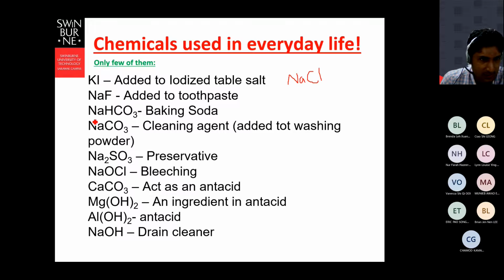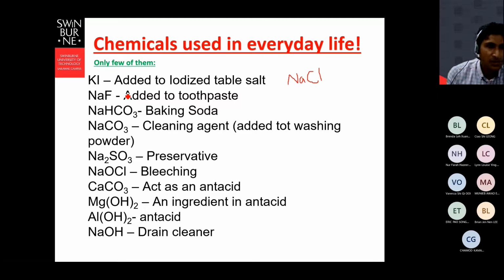We have taken it in the morning as well. So potassium iodide is the iodine salt, right? Some of the salt packets say iodized table salt. Iodine is good for the pituitary, or there is a gland here for that, and it's good for that. Deficiency would make that gland bigger or something like that.